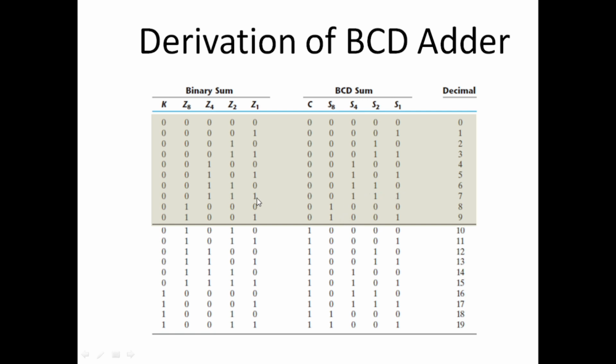So luckily, for any two numbers for which the sum is 9 or less, the binary sum and the BCD sum are the same. So for these 10 combinations, the binary parallel adder would produce the correct result.